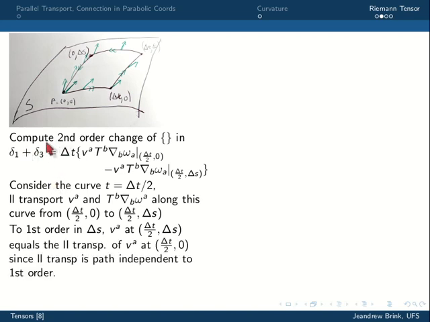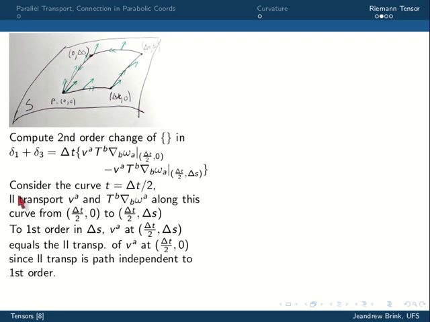Okay, so what we're going to do now is we've got the first order change. We now want to compute the second order change in the bracket. Okay, so delta 1 plus delta 3 is simply delta T times this guy minus that guy. Okay, and we want to evaluate it at T equals delta T over 2 and S equals a half.